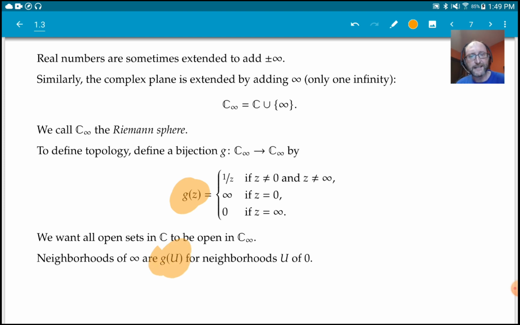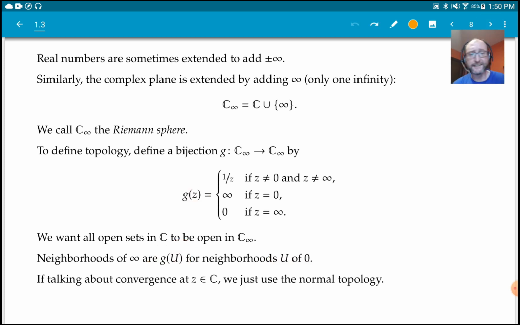We take every neighborhood of the origin and push it forward by g, and we declare that to be a neighborhood of infinity. That actually gets us all the open neighborhoods of infinity. Well, maybe not all of them. There's one more. You always need the entire space to be open, right? So that's the only one that you're not going to get in this way.